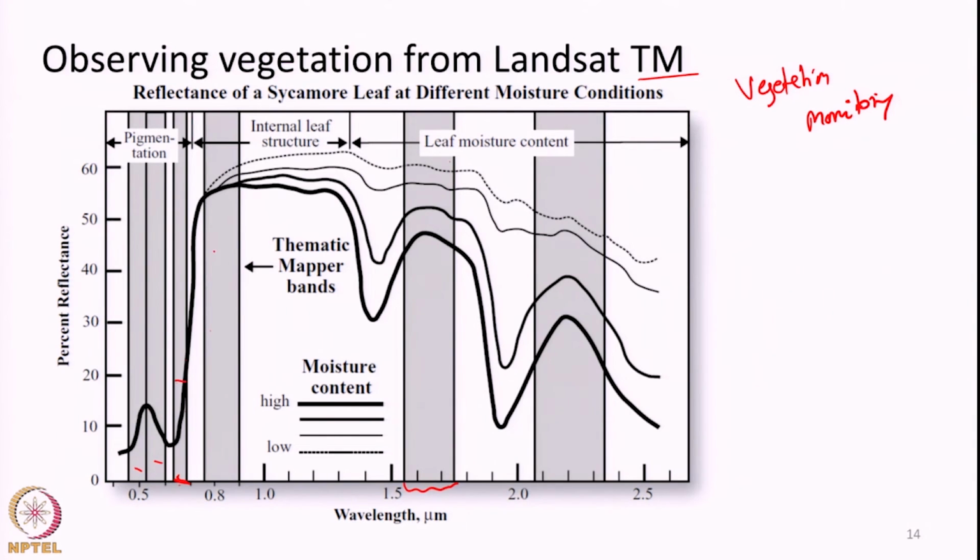Essentially, in this lecture what we have seen is how reflectance of vegetation varies in the NIR and SWIR portions. Primarily in the SWIR portion, it is the leaf's water content that controls the spectral reflectance property of the leaf. As a summary, the spectral reflectance curve of vegetation can be divided into 3 portions: the visible part, NIR part and SWIR part.